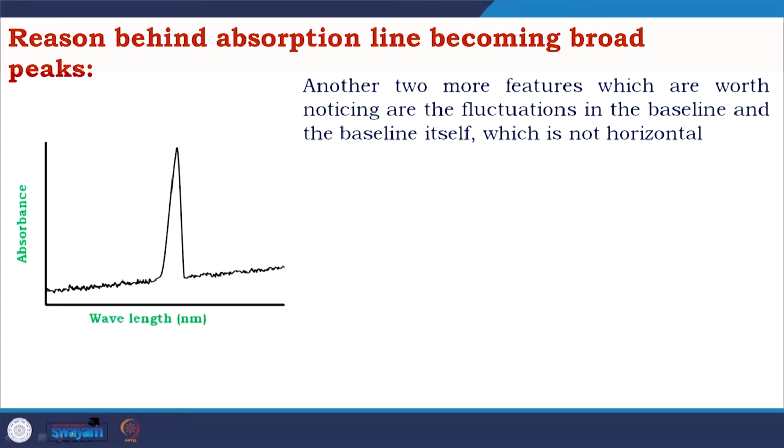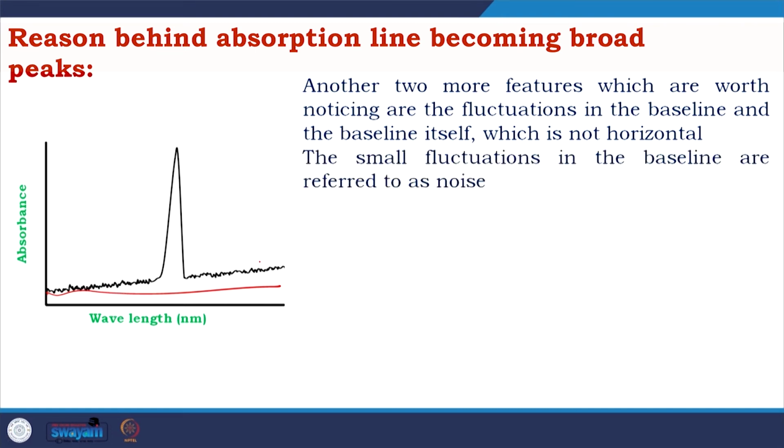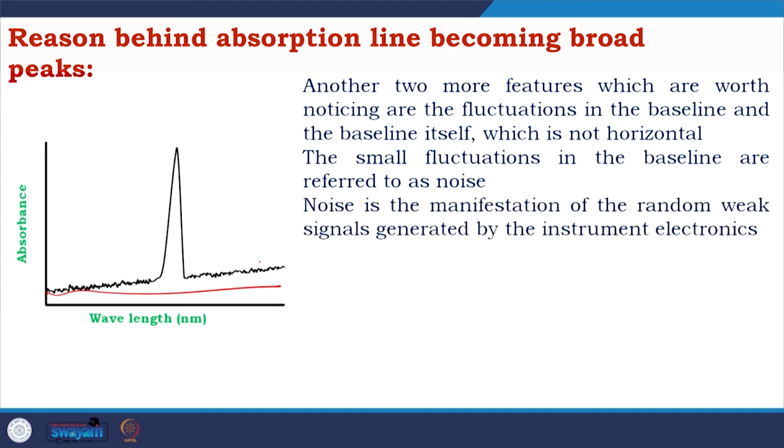Another two more features which are worth noticing are the fluctuation in the baseline and baseline itself, which is not horizontal. So, if you see the baseline is not straight, which it is supposed to be, and it is not horizontal. The small fluctuations in the baseline are referred to as noise.